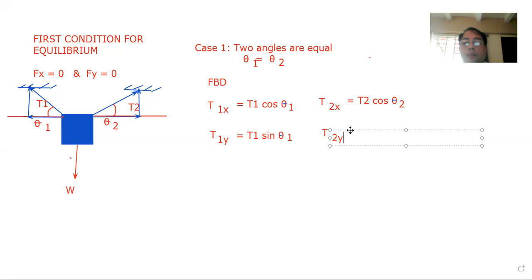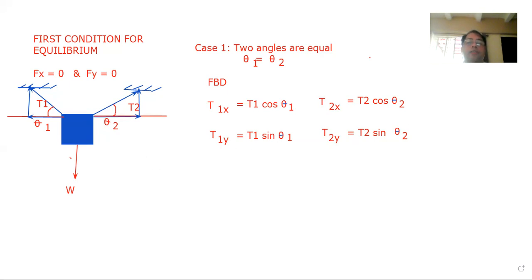How much is the value of our T2y again? We have T2, and it is in terms of sine of our theta sub 2.